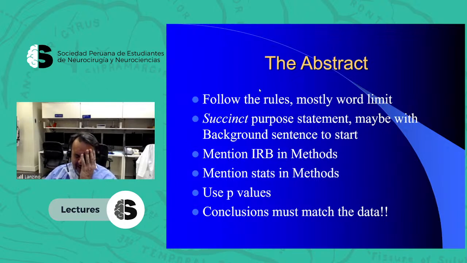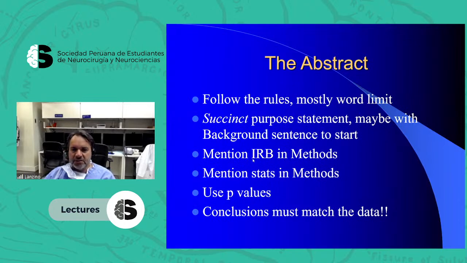As far as some practical pearls about the abstract, follow the rules. The most important one is to make sure you stay within the word limit. The introduction in the abstract can be fairly brief, as I said, no more than 2 sentences.